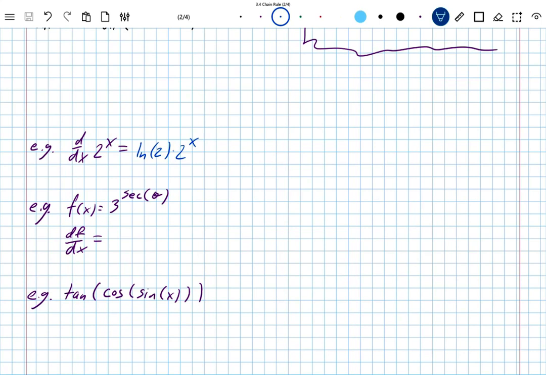My outer function is 3 to the stuff, so I get natural log of 3 times 3 to the stuff. And now I need to apply this chain rule and see that I get the derivative of secant. Do I remember what that is? Secant of theta times tangent of theta.